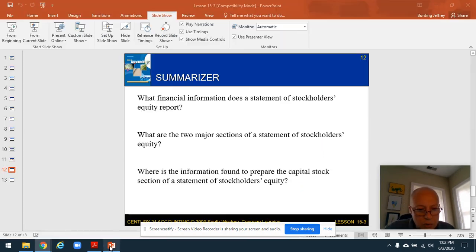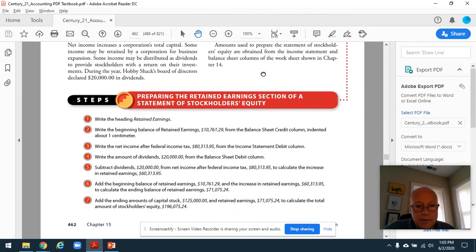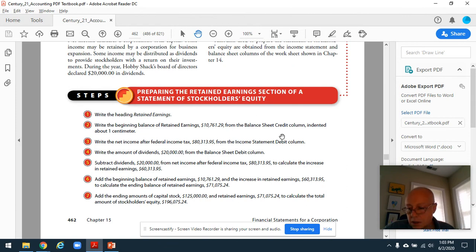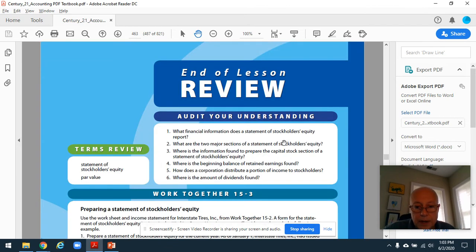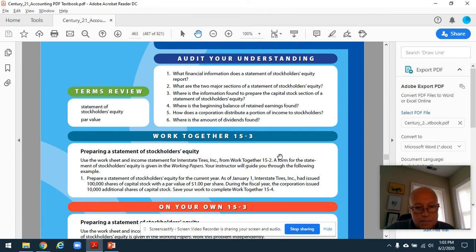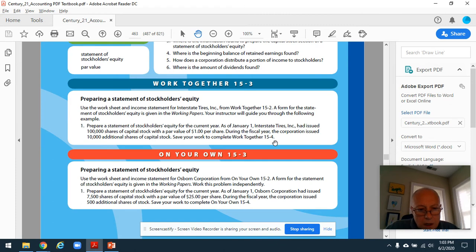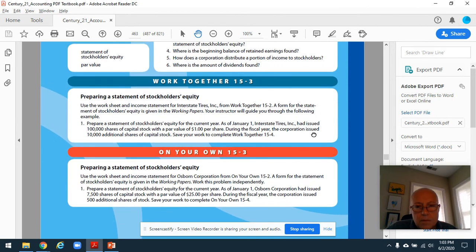Double check to make sure that's in the problem I give you guys, because you're going to need that. And if you don't have it, you can't complete the exercise. So let me show you where I'm getting that. All right. Corporation issue additional shares of capital stock. All right, we got to go back and pull that off our dividends.